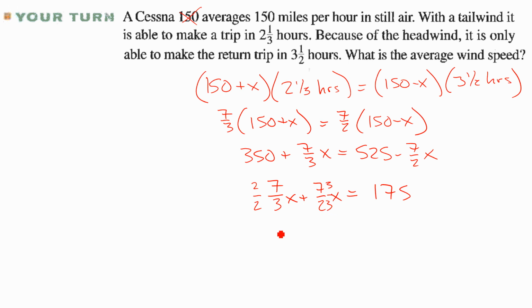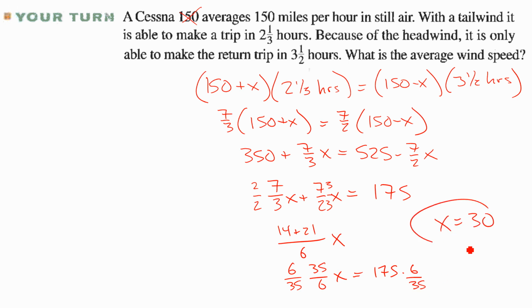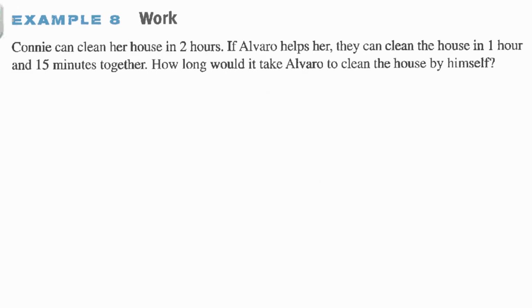And so we'll have 14 plus 21/6x, which is 35/6x equals 175. All right, how do we get rid of the 35/6? We multiply by 6/35 times 6/35, and we end up with an x of 30. Hopefully you agree.